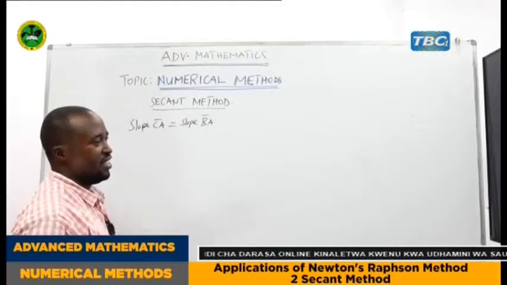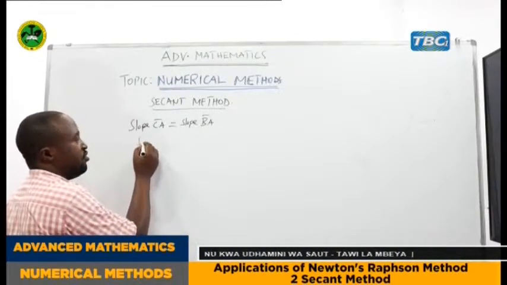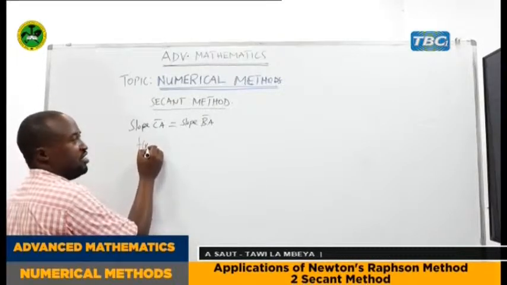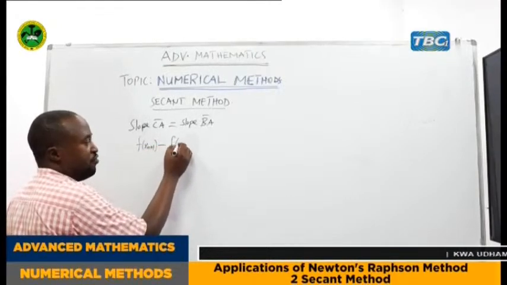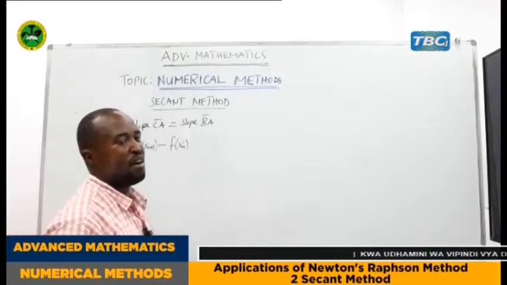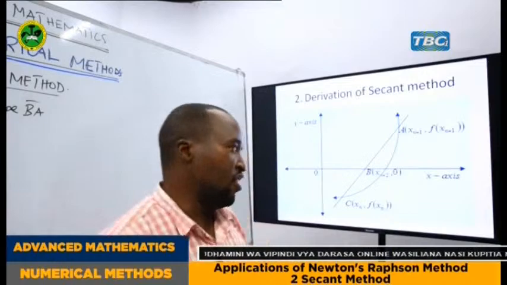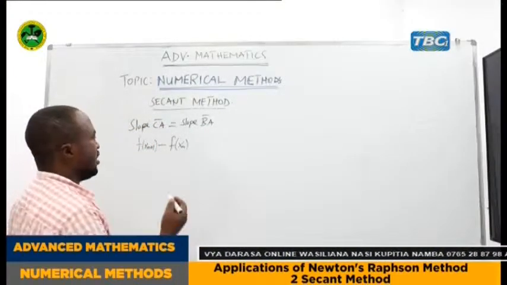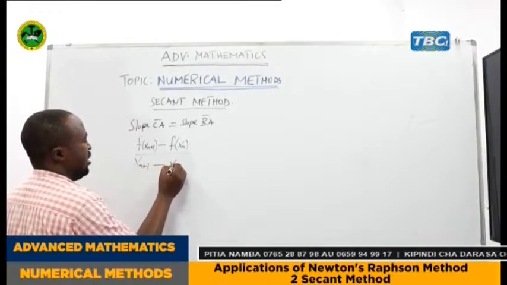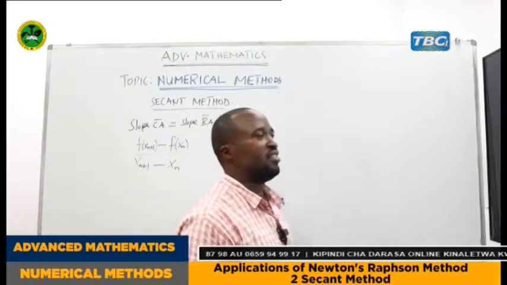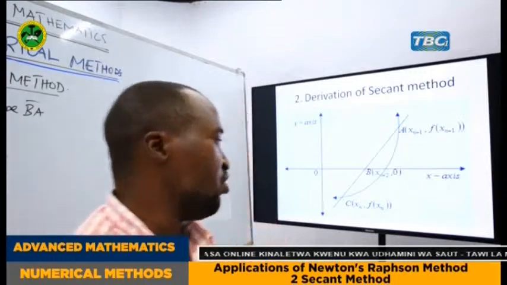Now CA is the same as taking f of x(n+1) minus f of xn. That is the same as y2 minus y1 over, this time we have x(n+1) minus xn. That is the same as x2 minus x1. That is the definition for a slope.